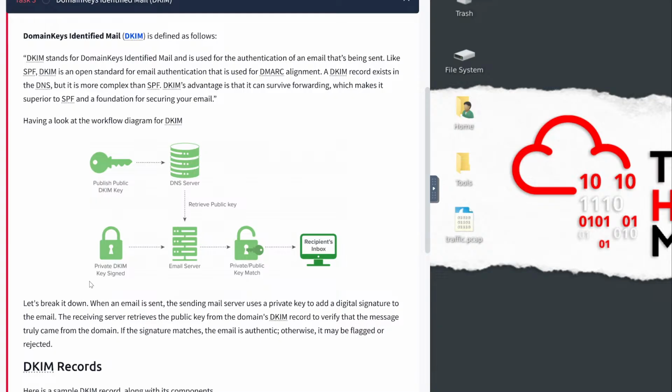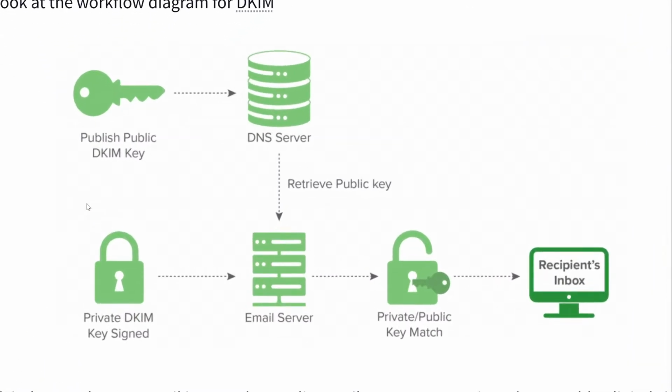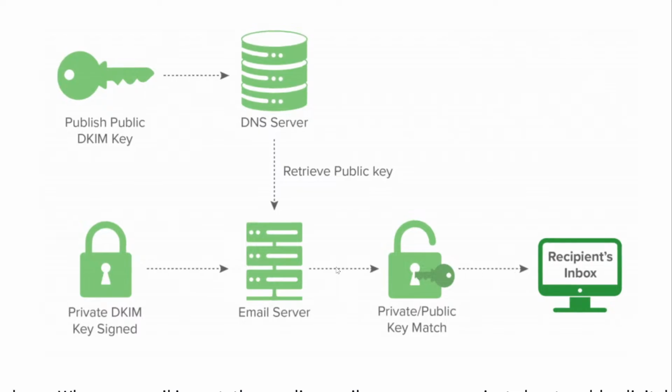Then the private DKIM key signed. It still goes to the email server. Then something from the email server goes to private-public key match, and it goes to the recipient's inbox. What? That's really complicated.